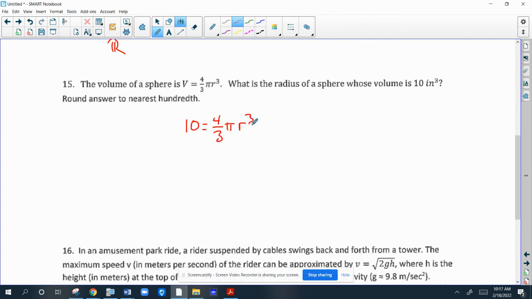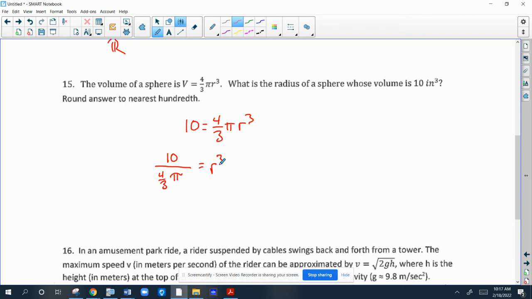So make sure you follow your reverse order of operations. One way to do this safely is, remember, pi is just a constant. So you can just divide both sides by 4/3 pi. You're undoing that multiplication on the right side, which is what you normally do.